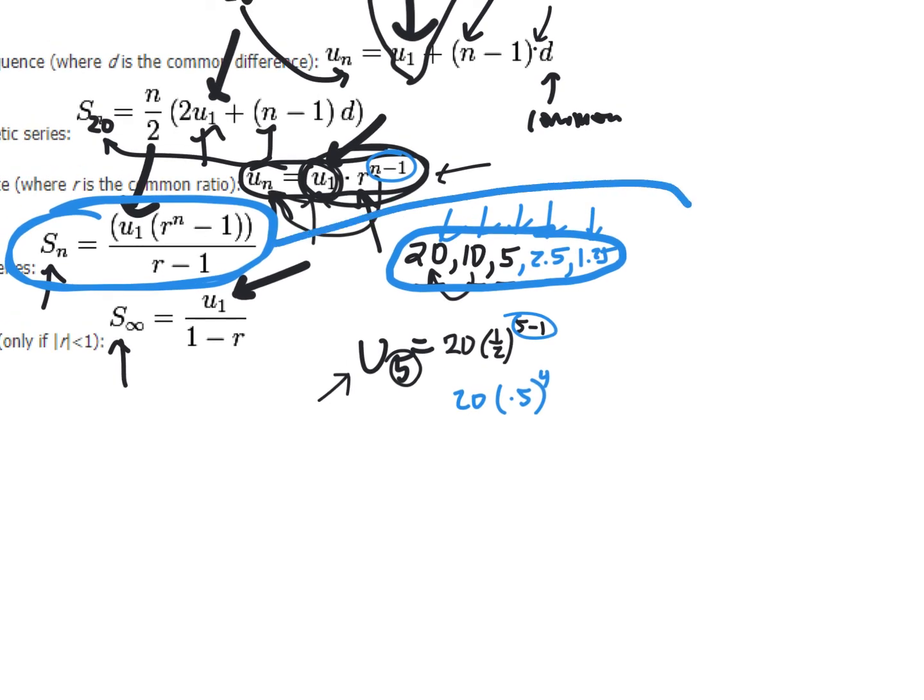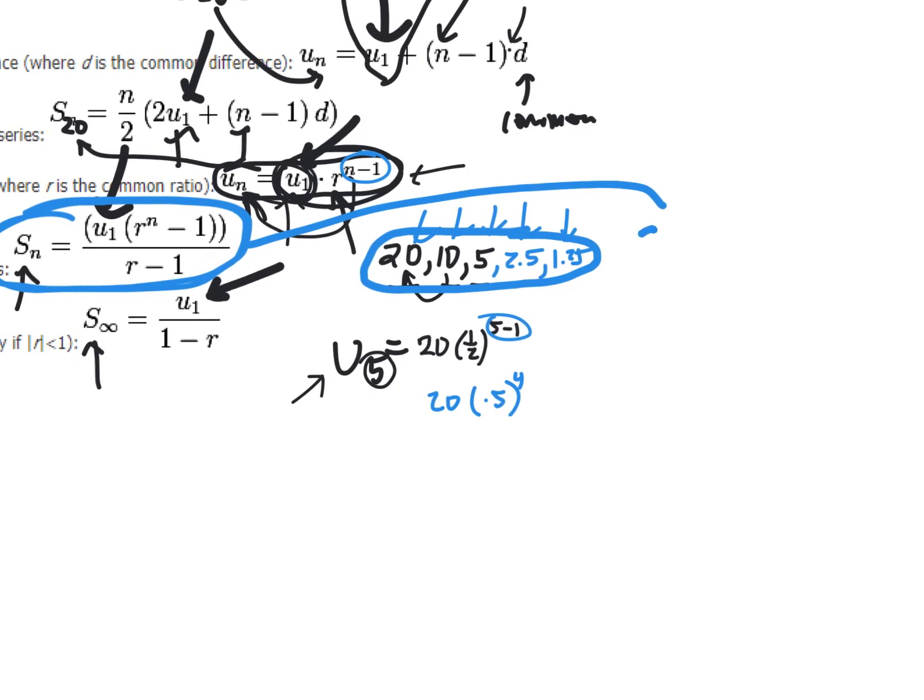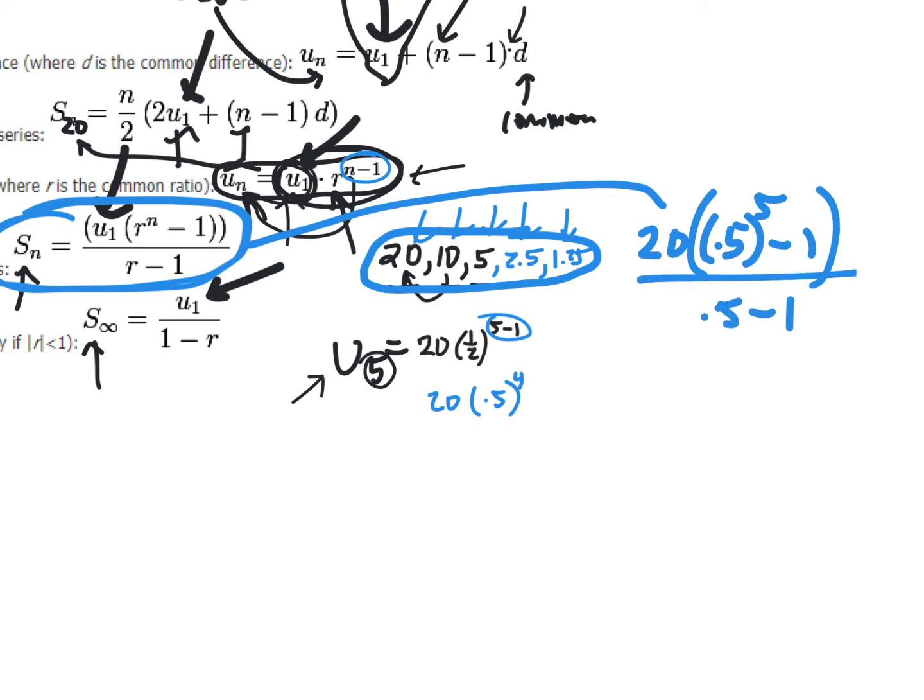You would have taken this formula, and you said u sub 1, which is 20, times the rate, which was 0.5, to the n, which was 5 terms to be added up, minus 1, all divided by the rate, which again is 0.5, minus 1. That's this formula right here in action.